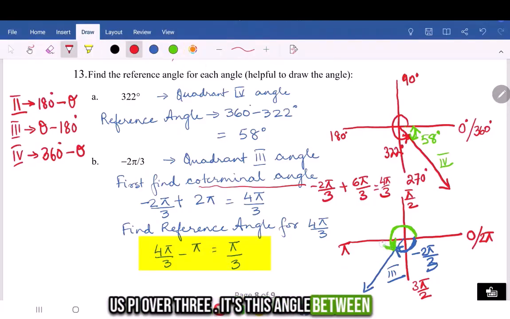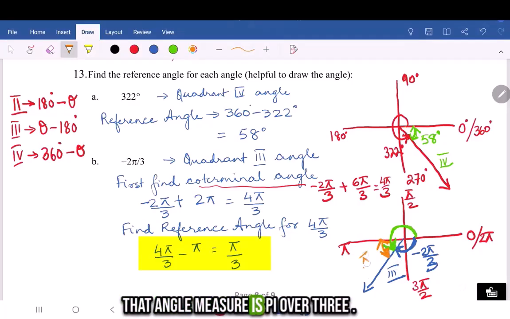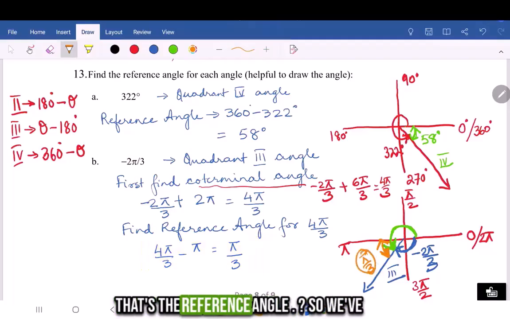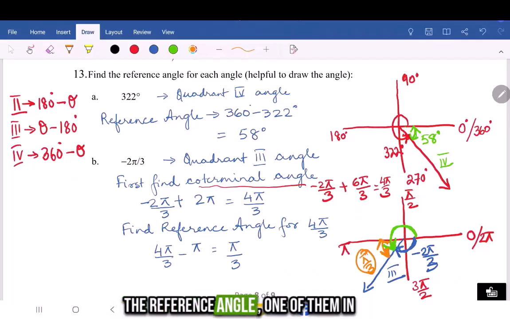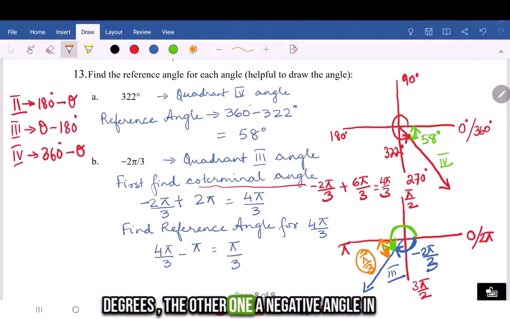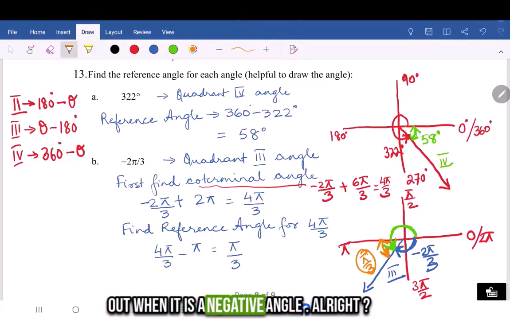It's this angle between the negative x-axis and the terminal side. This is what the reference angle is, and that angle measure is pi over 3. That's the reference angle. So we've completed the steps one by one to find the reference angle, one of them in degrees, the other one a negative angle in pi. Remember the steps, how to work it out when it is a negative angle.